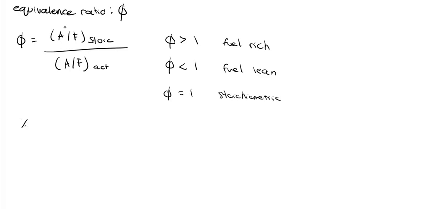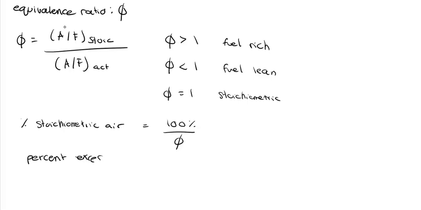We say percent stoichiometric air is equal to 100% divided by the equivalence ratio. And then you might also stumble across the percent excess air, which is equal to 1 minus phi over phi times 100%.